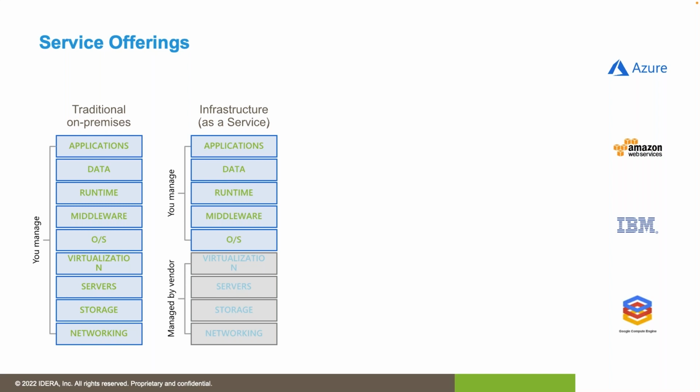Infrastructure as a service is essentially a virtual machine that is hosted by a cloud provider. The cloud provider will manage and control the virtualization layer and everything underneath. So we still have some access to the operating system, the middleware, the runtimes. At least in Azure and AWS, and I have a ton of experience with Google Cloud too, the concept is the same.